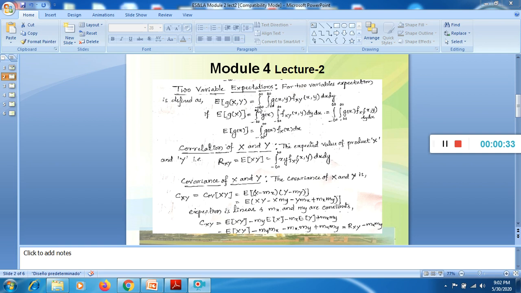Then it is equal to the double integration from minus infinity to plus infinity of g(x,y) f_XY(x,y) dx dy.